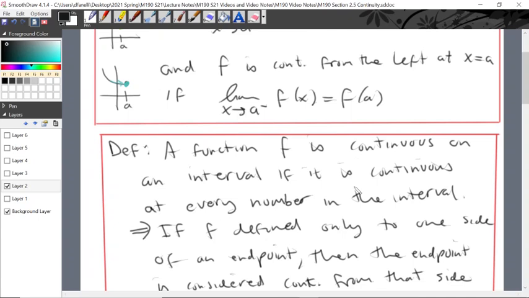Rational functions also are continuous on their domain. Recall that rational functions are ratios of polynomials, a polynomial divided by another polynomial. The only discontinuities we would find in a rational function would be where the denominator equals 0. But if the denominator is equal to 0, then the rational function itself is not defined there.